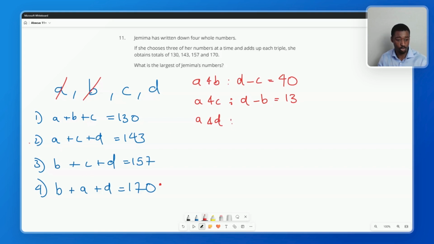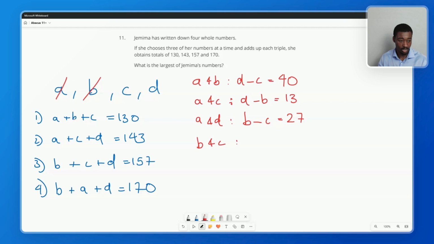Well, we have equation 2 and equation 4. If we match A and D, what does that tell us? That tells us that B is bigger than C, and it's bigger than C by 27. So we can now see how this is going. Let's continue. So let's now try and match B and C.